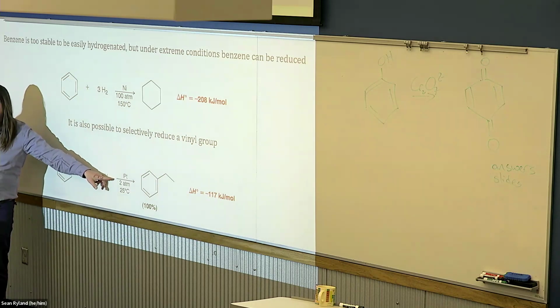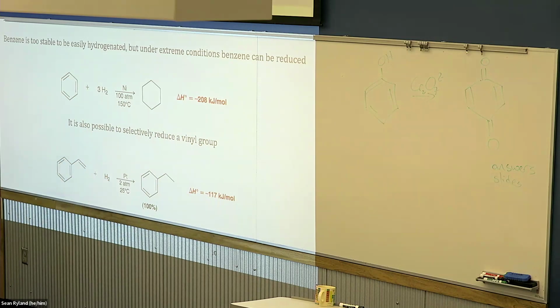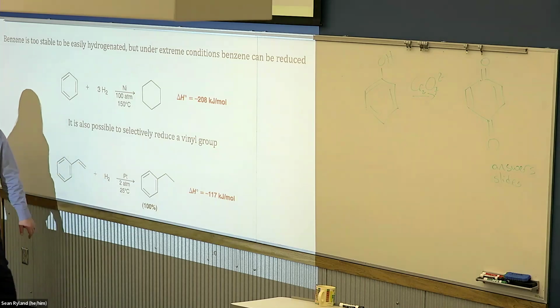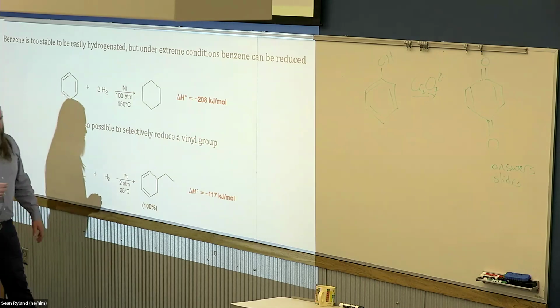We can do that under normal conditions, a little bit more atmospheric pressure than normal, just because there is that resonance. But that's a reaction we've seen before, right? Hydrogen, platinum, and this is at room temperature. Which is really handy, makes it really easy to selectively reduce.